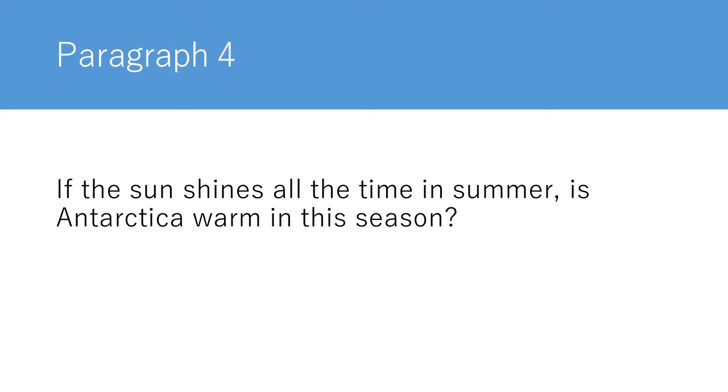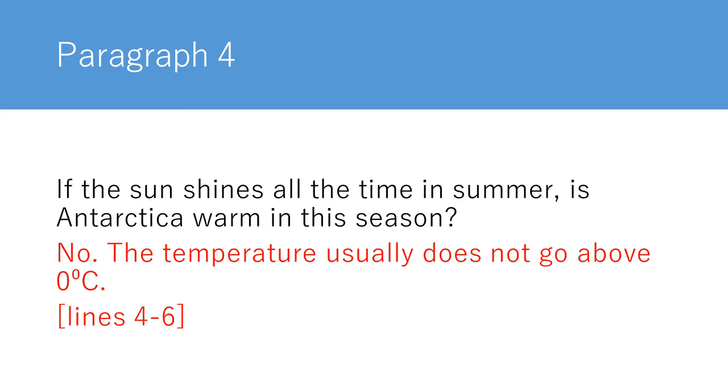Pause the video, search for the answer, and unpause when you're ready. The answer here, of course, is no. No, it is not warm in the summer, even though the sun is shining all the time. No, the temperature usually does not go above 0 degrees Celsius. You'll find that answer in lines 4 through 6.